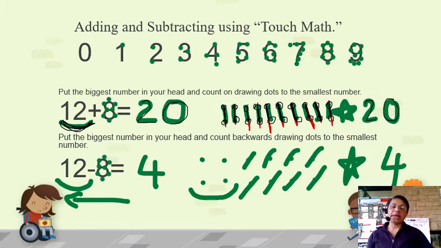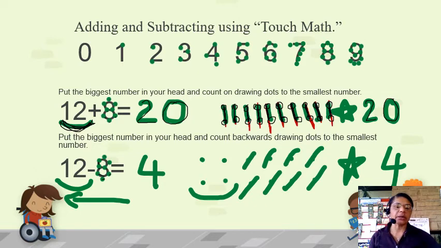Okay? Then with my subtraction, you put the biggest number in your head and you count backwards as you draw the number of dots on that number. Again, it's number 8. I need to have 8 dots over number 8. 1, 2, 3, 4, 5, 6, 7, 8. I have my 8 dots.